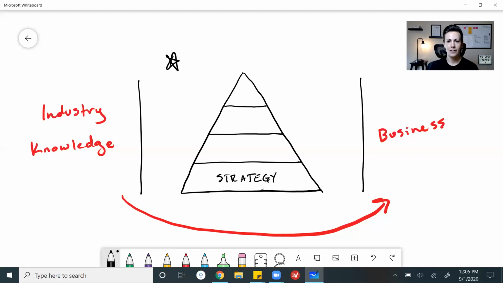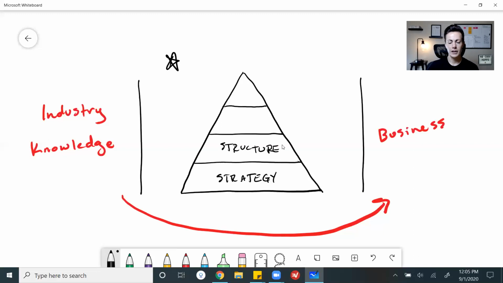It cannot all just happen at once. You can't look at every single one of these things together and just build it all at once. That's not a strategic path to go down. It's not going to be something that bridges that gap. So that's what we're thinking about when we're looking at strategy. Now, when you move up, we start focusing on structure.